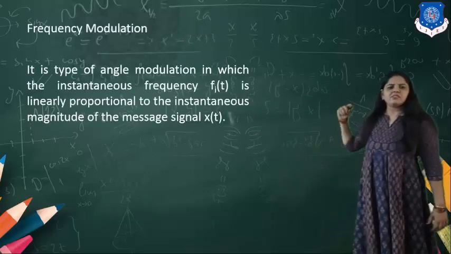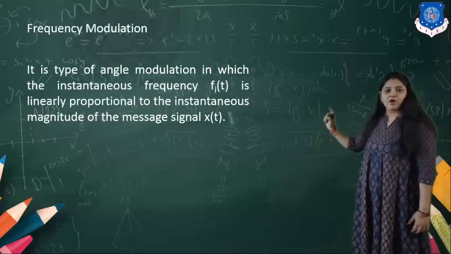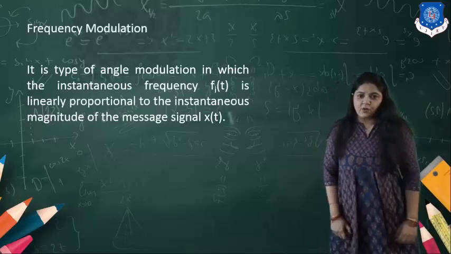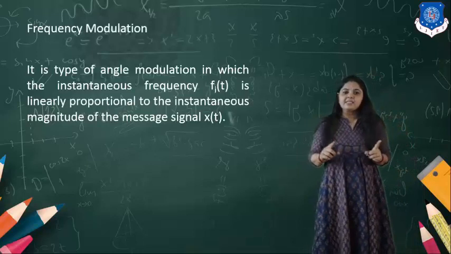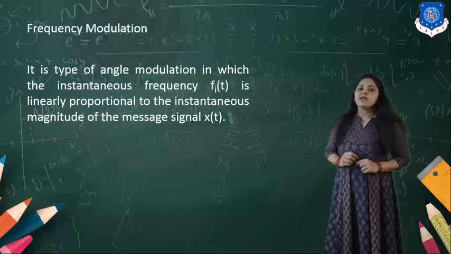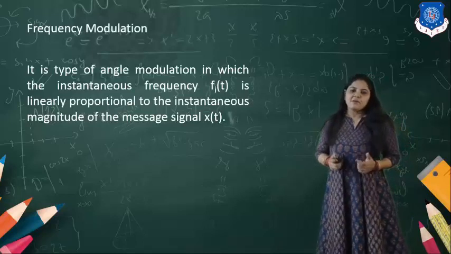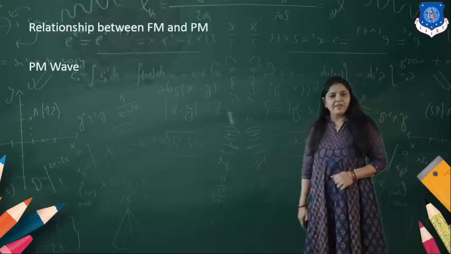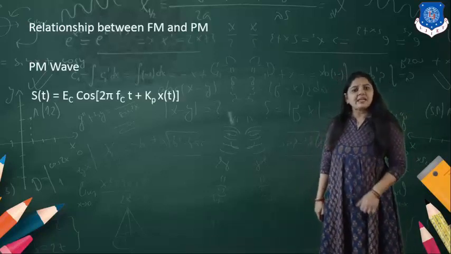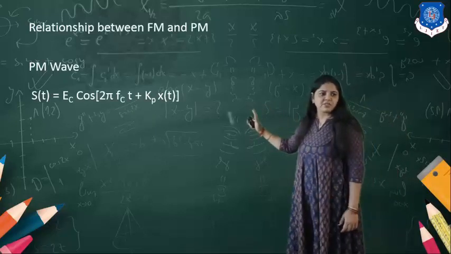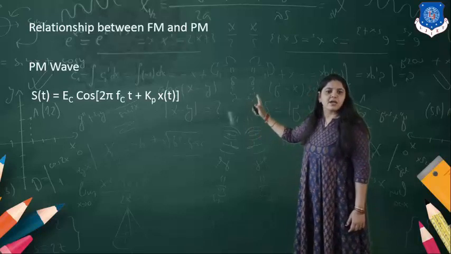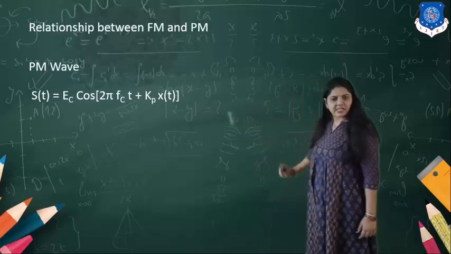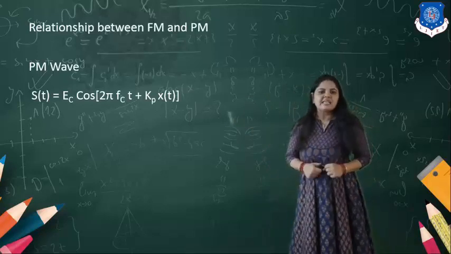So, what is the frequency modulation? It is a type of analog angle modulation in which the instantaneous frequency f_i(t) is linearly proportional to the instantaneous magnitude of the message signal. The relationship between the FM and the PM is, the PM wave we can describe by the equation s(t) = Ec cos(2π fc t + Kp x(t)), where Kp is the phase sensitivity.